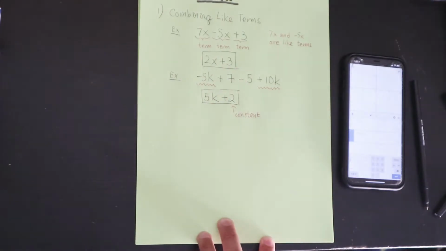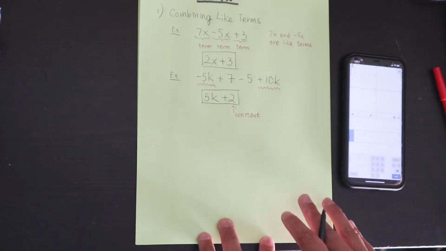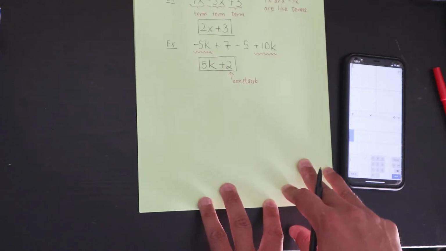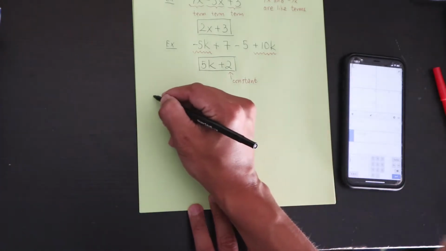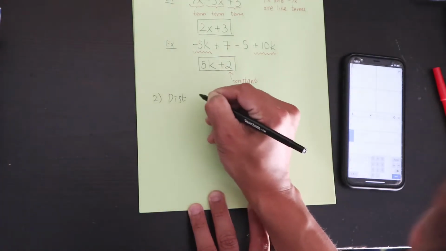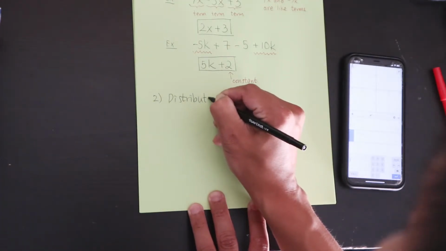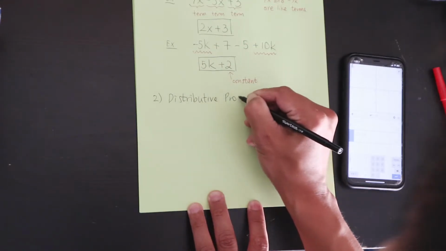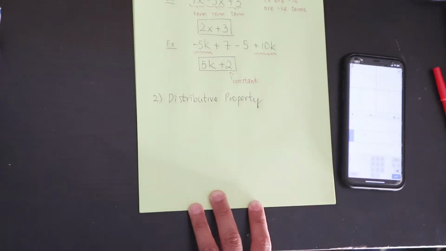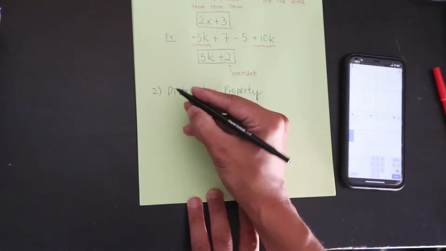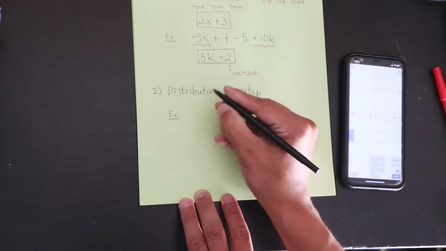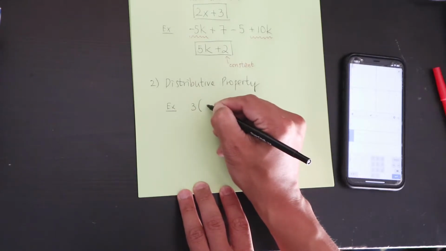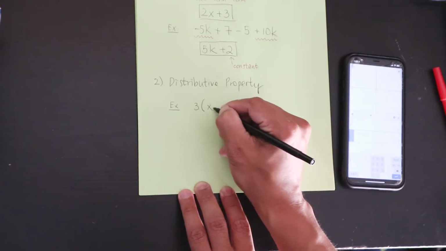So these are the words that you have to know. The second thing that you have to review is something called the distributive property. What is it? You have seen it before, I'm pretty sure. Something like if you have 3 multiplied by a quantity, like let's say x plus 3.